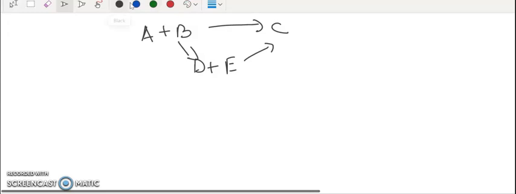So let's take an example. I'm going to write it in green. I'm going to take the example that is on page 8 of unit 2 from our chemistry reader or booklet.